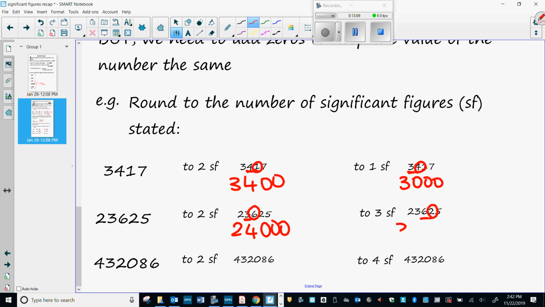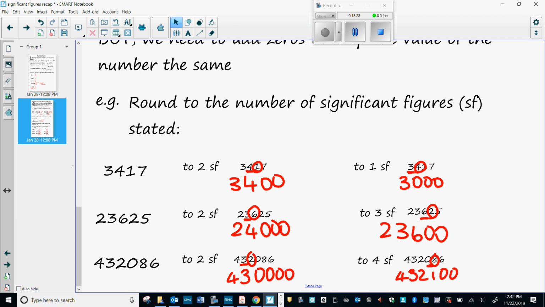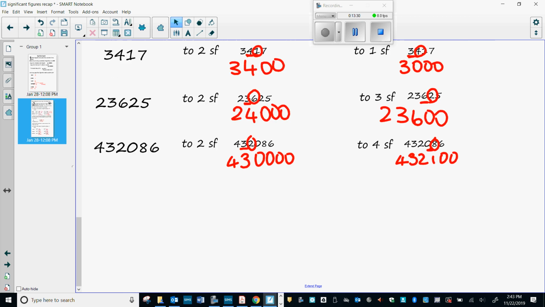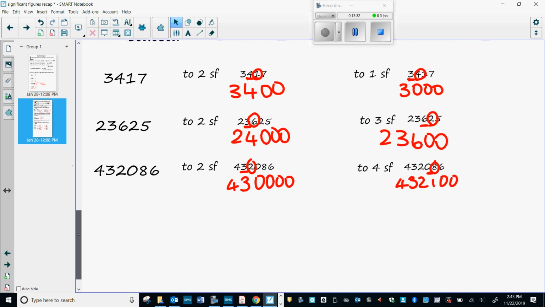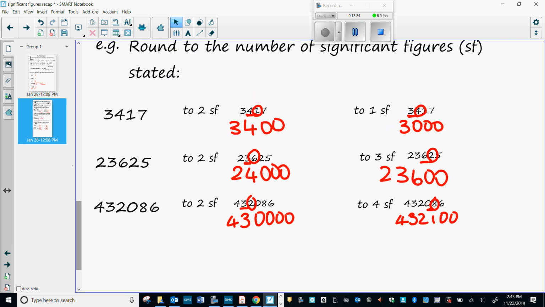Underline the 6, circle the 2, 2, 3, 6, 0, 0. Underline the 3, 4, 3, 0, 0, 0, 0. And underline the 0, 4, 3, 2, 1, 0, 0. Okay. So that's a very quick recap.